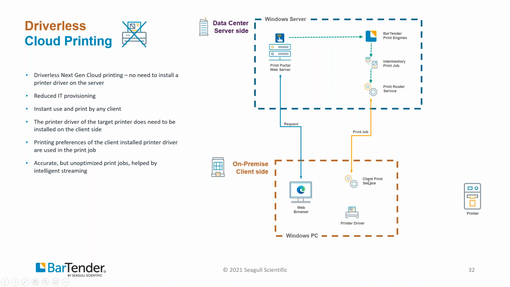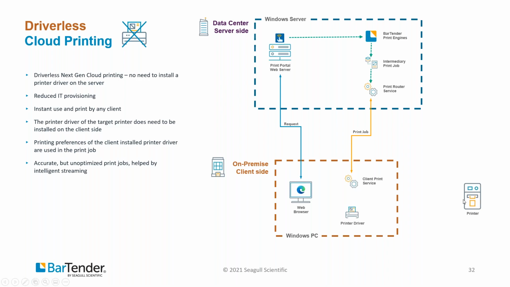When the client print service is receiving it, it doesn't have to wait for the entire print job. It can stream the print job a bit at a time. I think it's like 5 labels at a time. You can stream that print job down to the client print service, which will then produce it as a locally generated print job using the locally installed printer driver.